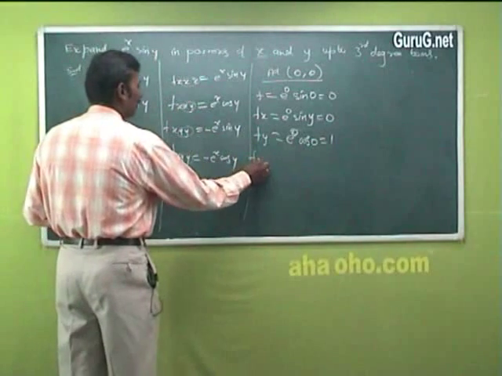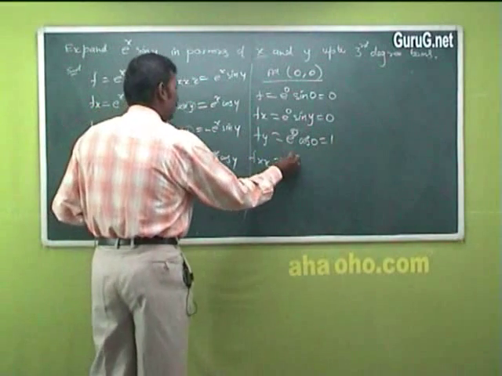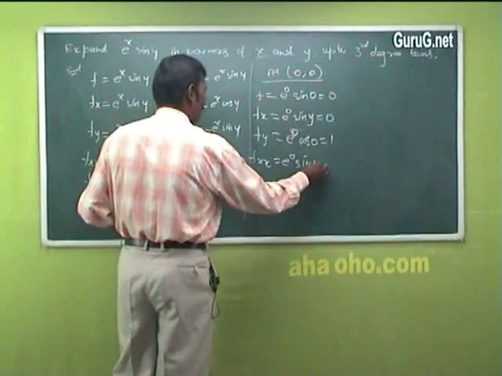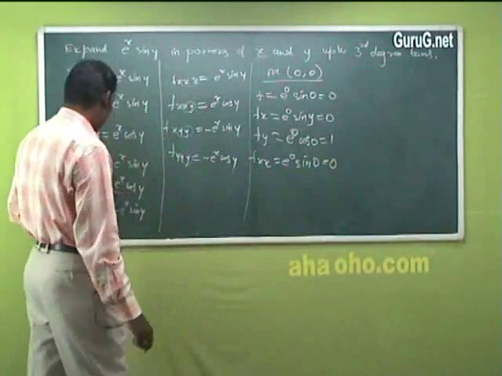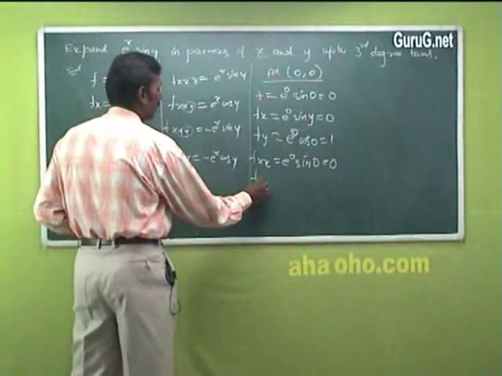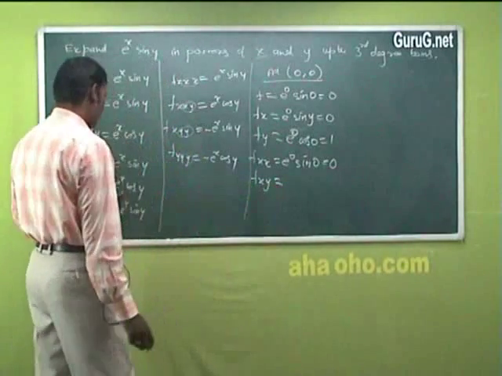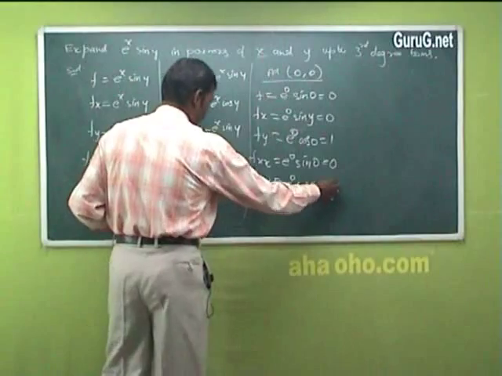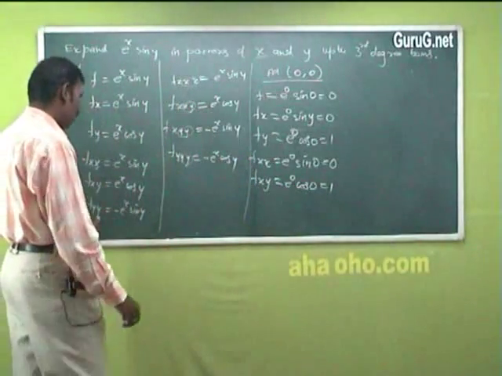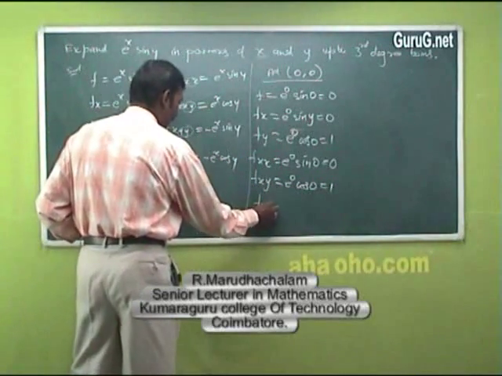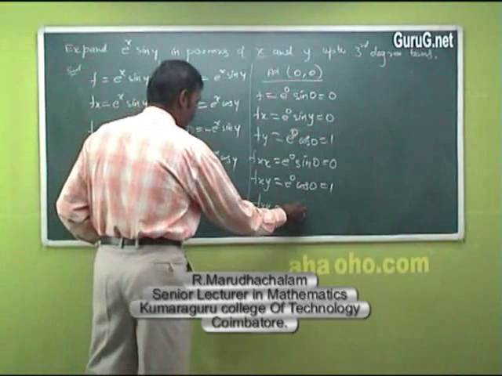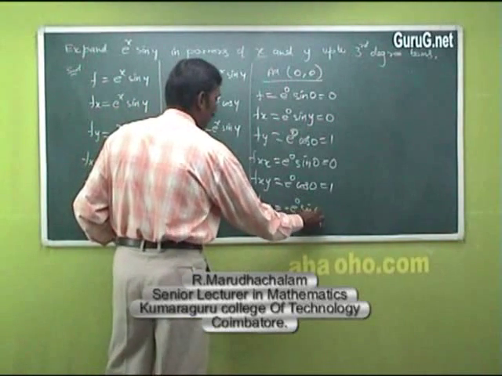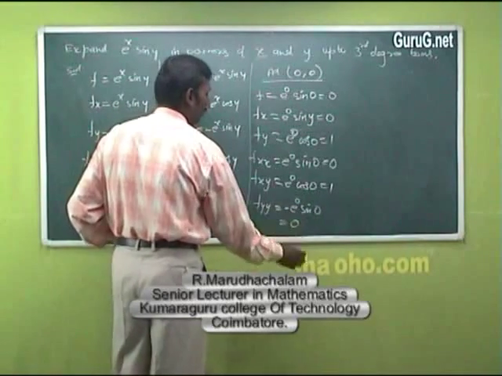Next fxx: e power 0 sin 0, so 0. Next fxy: e power 0 cos 0, so 1. Next fyy: minus e power 0 sin 0, so 0.